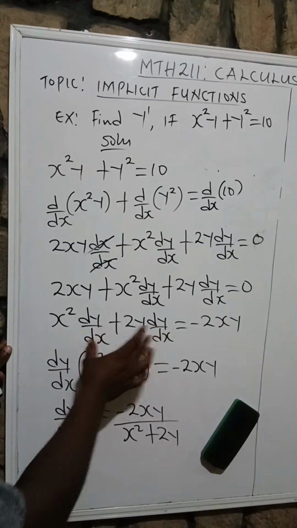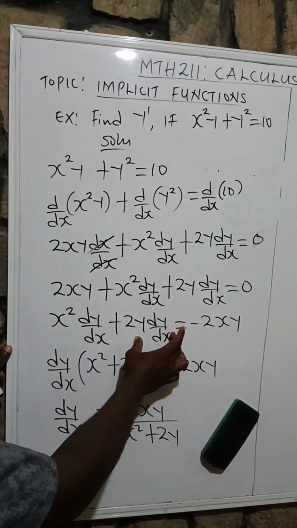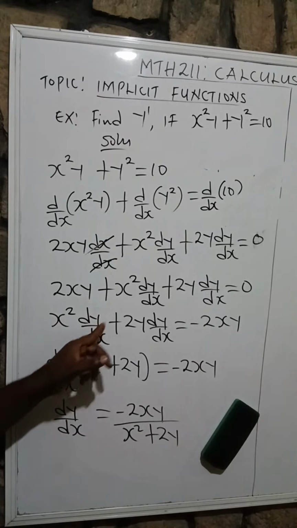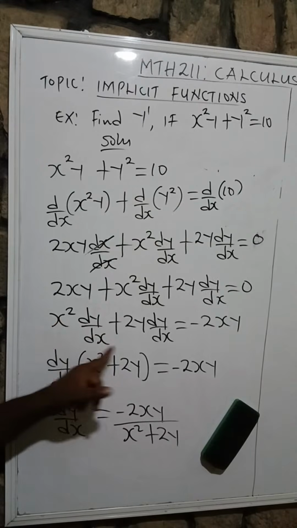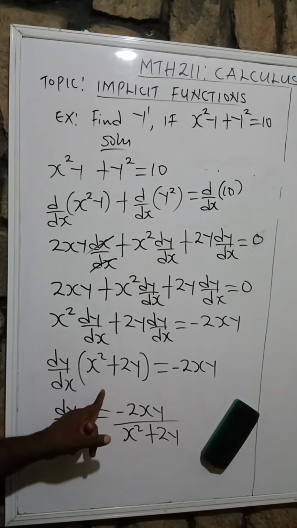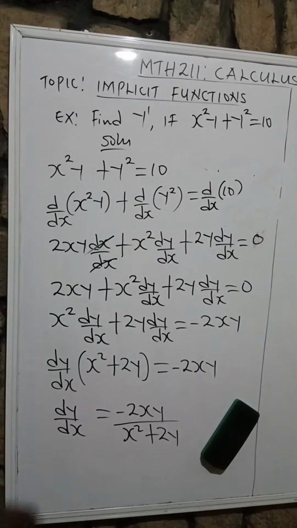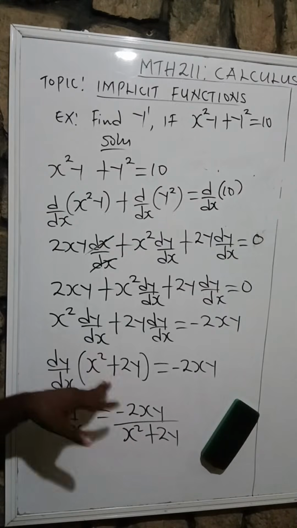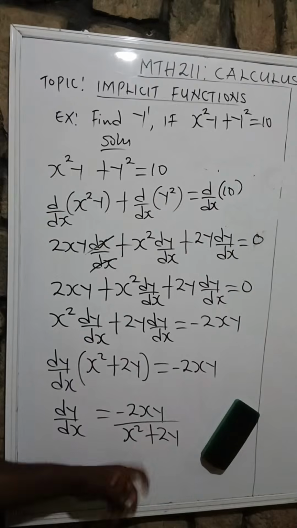Then here, when you look at this and this, something is common. Ask yourself, what is common? Dy all over dx. So you factor it out. Then you put x squared and 2y into the bracket because we are asked to find dy all over dx. So at this point, you divide through by x squared plus 2y. Then this is what you are supposed to get.